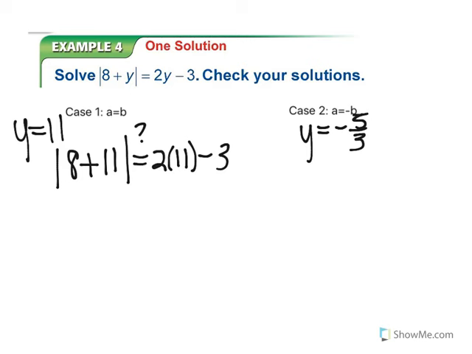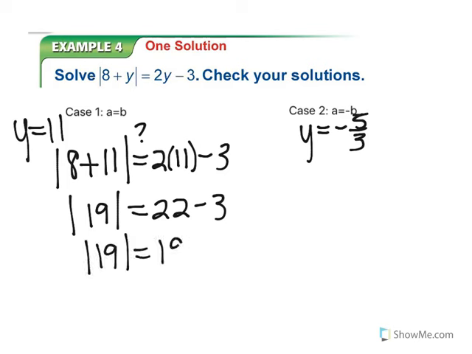Well, we know that 8 plus 11 is 19, so we have the absolute value of 19 is equal to 2 times 11 is 22 minus 3. Last step, 22 minus 3 is 19. So if we take the absolute value of 19, whatever's on the inside of the absolute value is going to pop out positive. So in this case, 19 is indeed equal to 19. So 11 is one of our solutions.